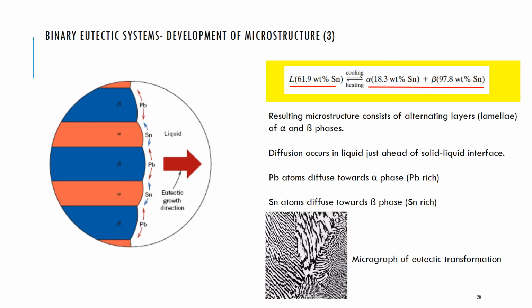And actually, the resulting microstructure that you get consists of these alternating layers or lamellae of alpha and beta phases. And you can see a micrograph of the eutectic transformation on the bottom there.